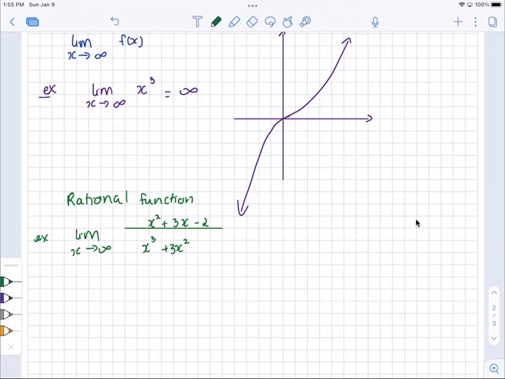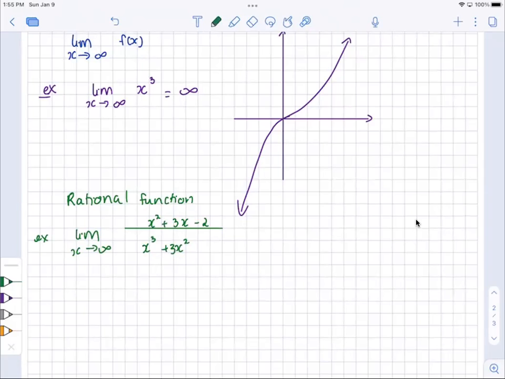Let's do it that way. In this case, it's really tough. You could factor it and see if anything cancels, or you could think, all right, what do I know that will help me?